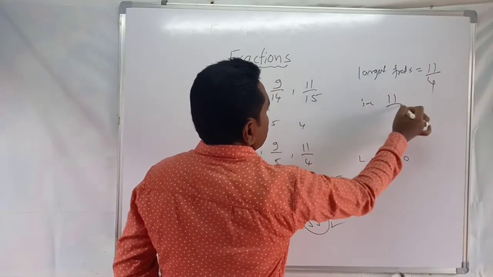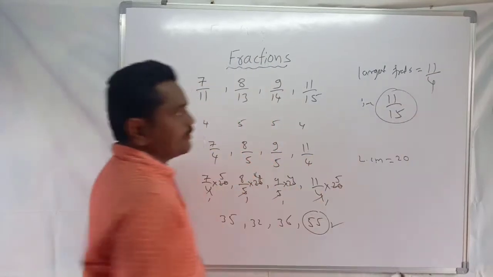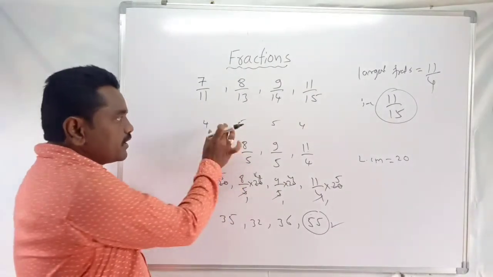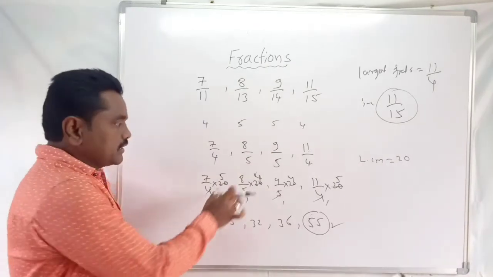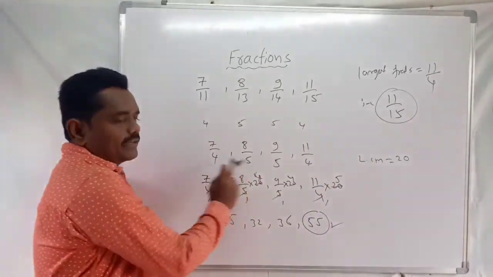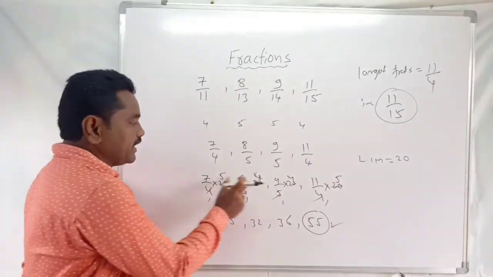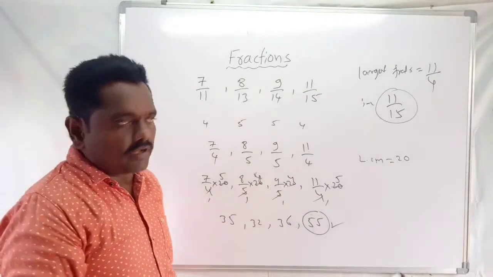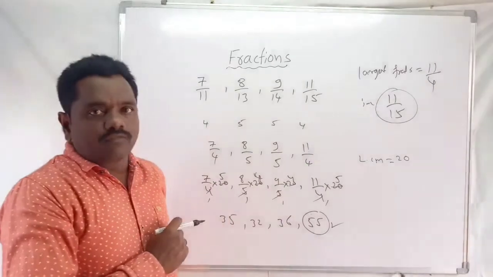So when the differences are different, take the LCM of the denominators and multiply each fraction. Whichever gives the highest number is the largest fraction.